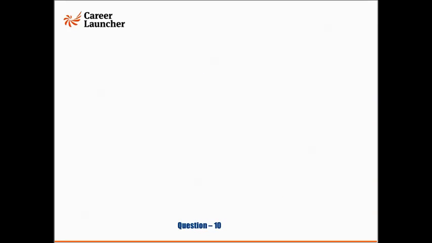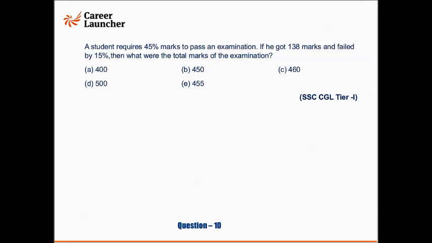Next, see question number 10. A student requires 45% marks to pass an examination, right? If he got 138 marks and failed by 15%, then what were the total marks of the students? See, here it is mentioned that he requires 45% marks to pass an examination and he got 138, but still he failed by 15%.